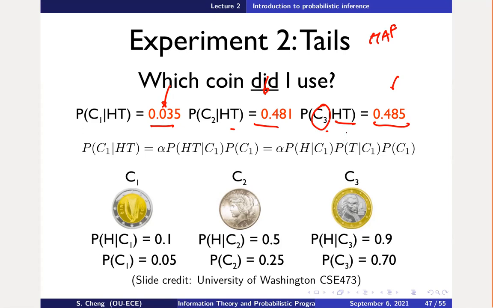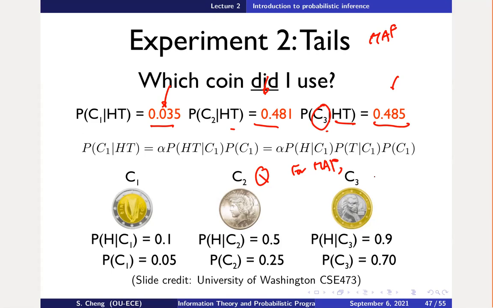Okay, I guess I probably should pause. I have been talking non-stop for 15 minutes. So for MAP, I have a question here. I'm basically repeating a bit from last time, but just to make sure that you guys are following.